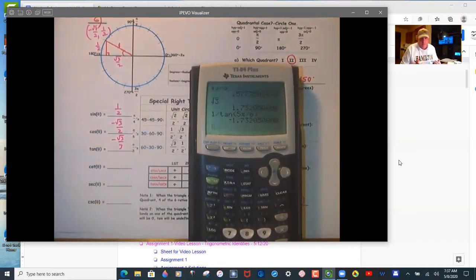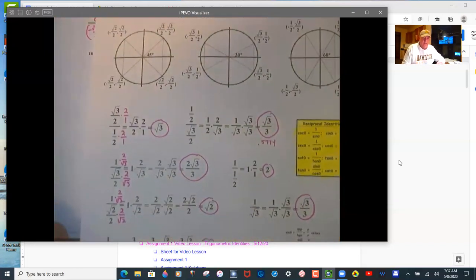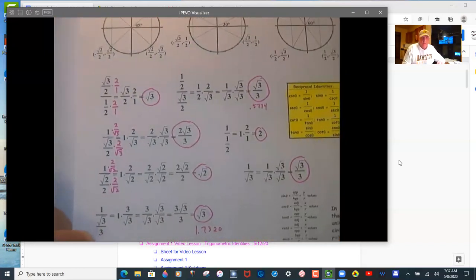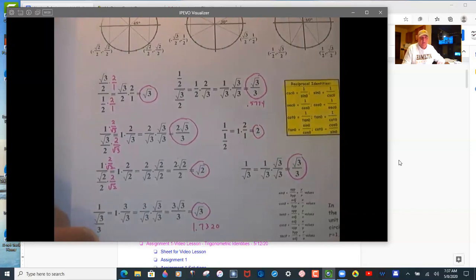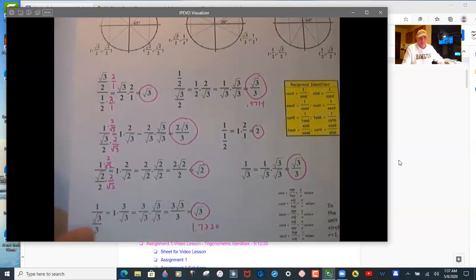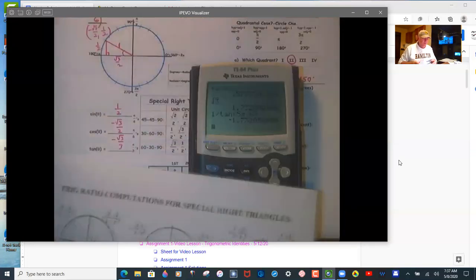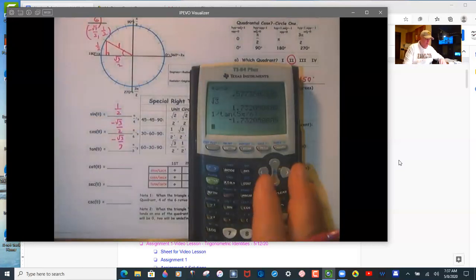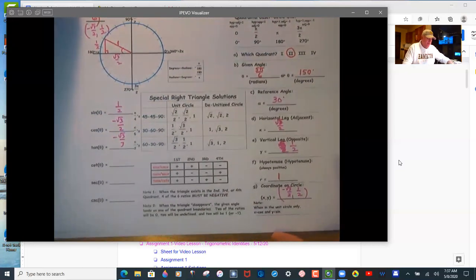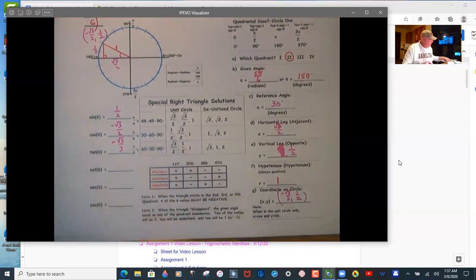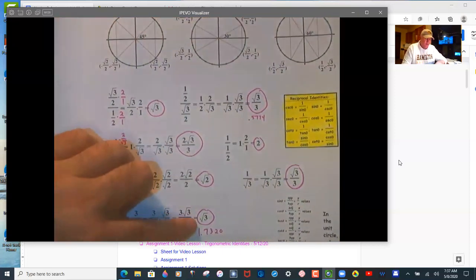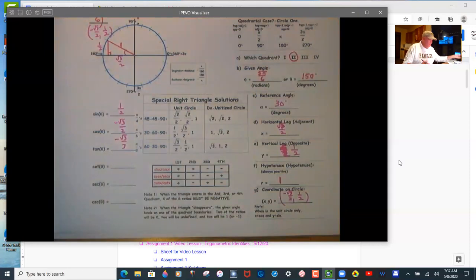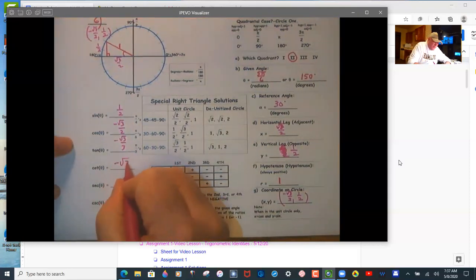Again, memorizing, putting some of these values into knowledge, into your memory, I guess, is a good thing to do. And certainly there's some other ones in there. Cotangent, so that's the reciprocal of this again, which brings us right back there. So negative square root of 3 that I just mentioned, I guess.